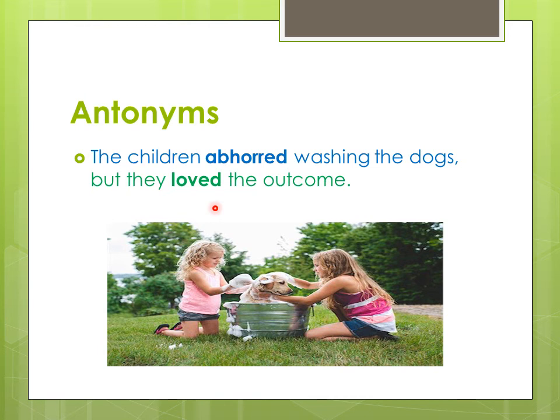So when you see although, however, but, or yet, you know that the words are antonyms, or they have opposite meaning. So we know the meaning of loved, and abhorred is the opposite of loved. It is an antonym of love. So although the children hated washing the dogs, they loved the outcome.